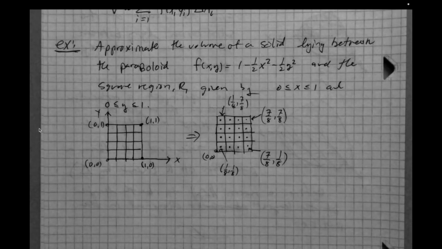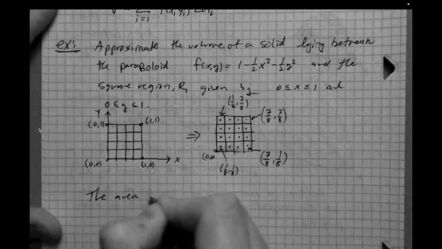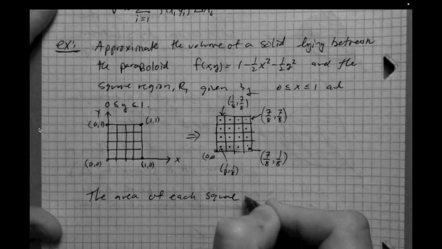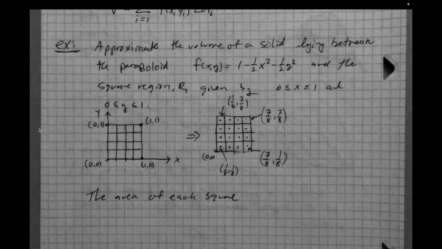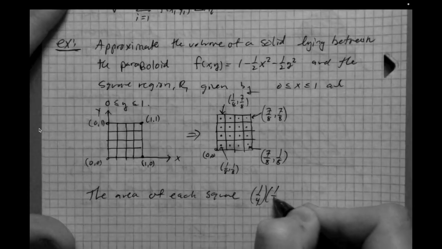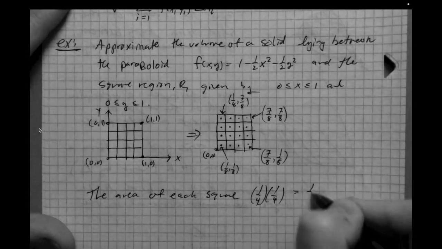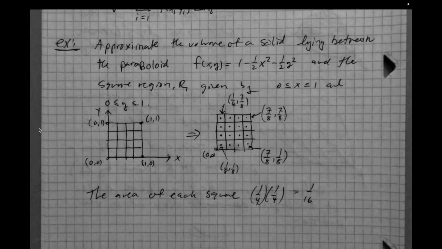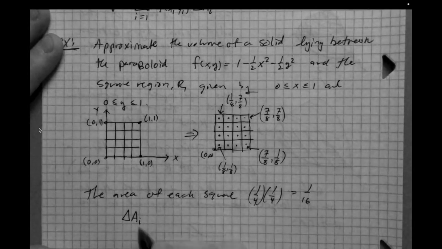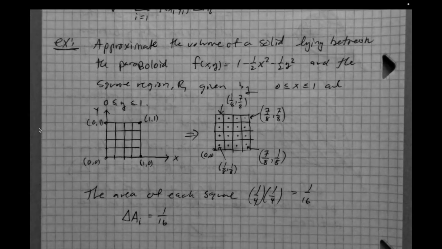Now, what's the area of the base of each of the squares here? Well, the area of each square is 1/4 by 1/4, so it's 1/4 squared. So you get 1/16 for each of these. So the delta A_i here is 1/16.